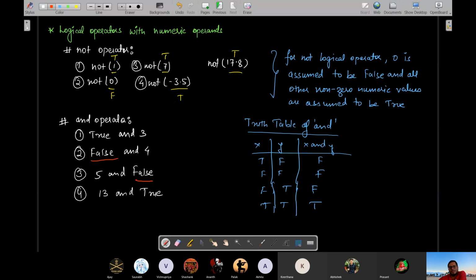Here and here. So, can we say, irrespective of whether this 4 will be taken as true or false, or whether this 5 will be taken as true or false, the answer is bound to be false in both the cases? Right? Because we see from the truth table, the moment one of the operands is false, the answer is always false. Okay? So these two are sorted out.